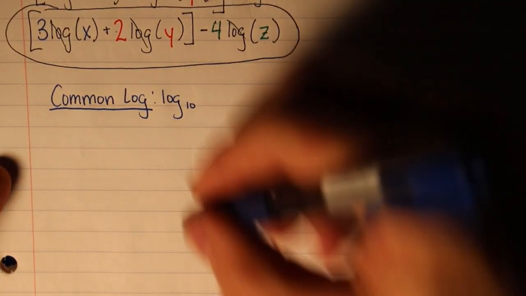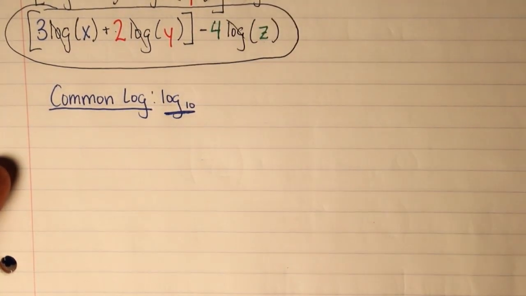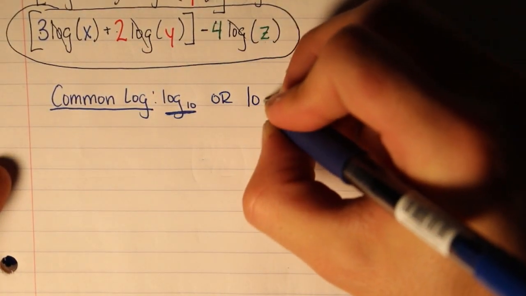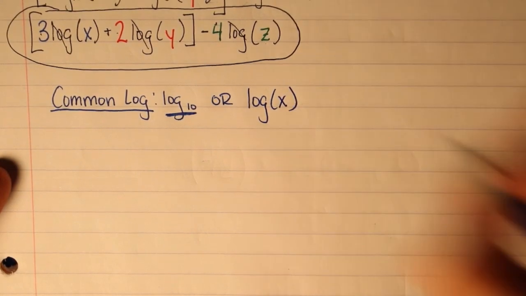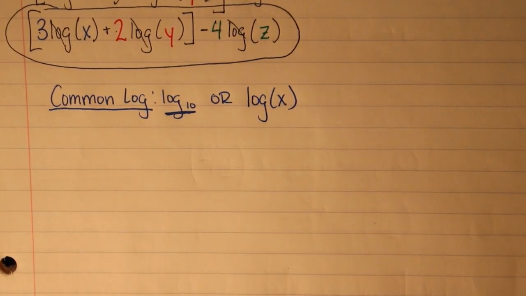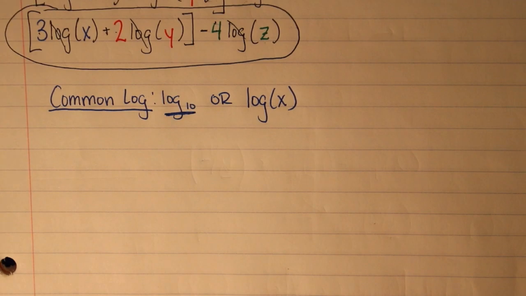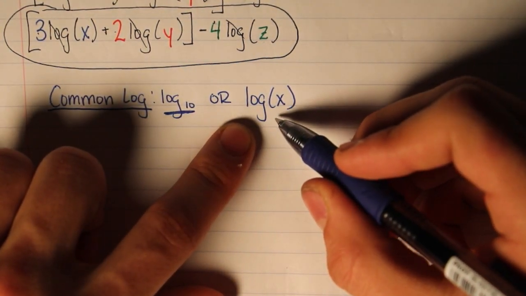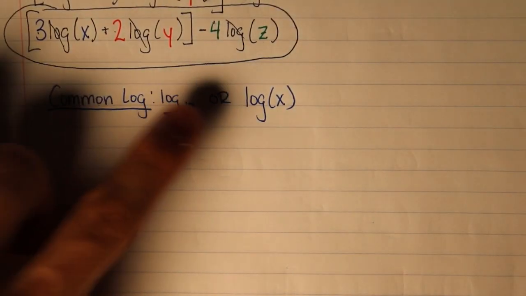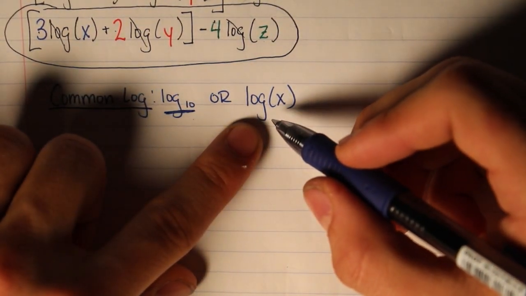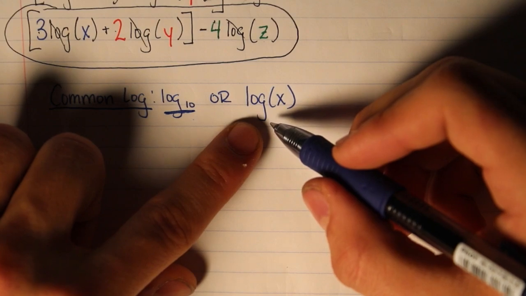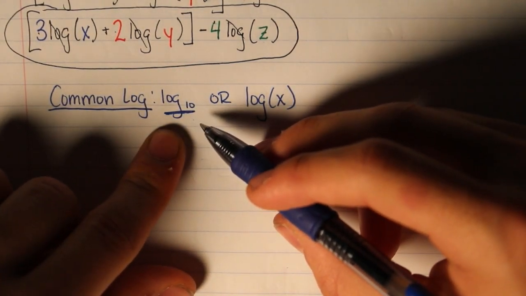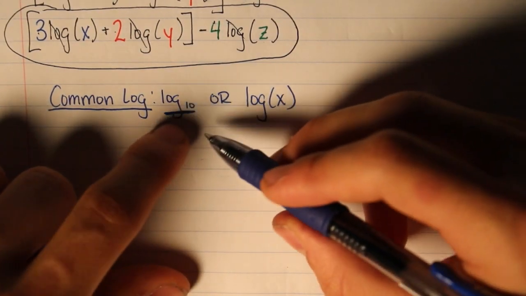It could be rewritten as just log of x. So the only thing you have to remember is if you have a logarithm with no base, it's log base 10. If it doesn't explicitly state the base, it's automatically assumed to be base 10. The common log means base 10.